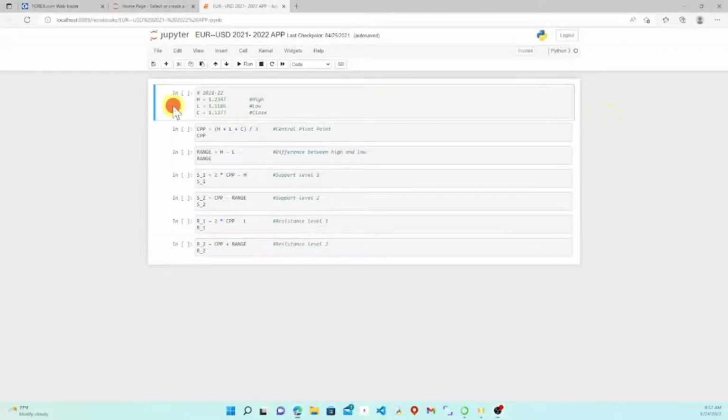What I've done in the first cell here is just set up my variables. Pivot points are calculated on the high, the low, and the close. So what I've done is I've updated this for the Euro USD for 21 and 22. That's what we're going to be working on with the charts. And so I've got the three numbers, the high, the low, and the close price already entered.